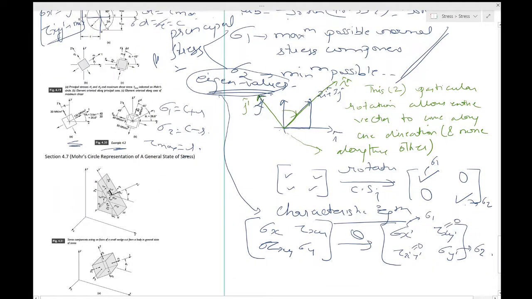And one other thing which I would request of you is that you don't remember any of the formulas over here. You will never be given a situation where sigma xy, sigma x dash and sigma y dash are directly written from a formula. That will never be there in any form. So there's no need to remember the formula.